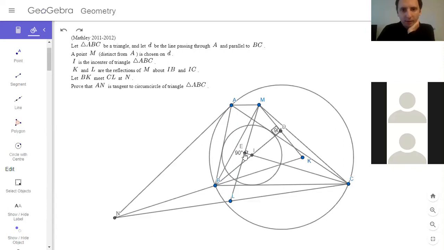And then we reflect M about BI and CI. So I drew the perpendiculars in later, but if we reflect M across BI, we get K. If we reflect M across CI, we get L. And then if you let BK and CL meet at N, we want to show AN is tangent to the circumcircle.